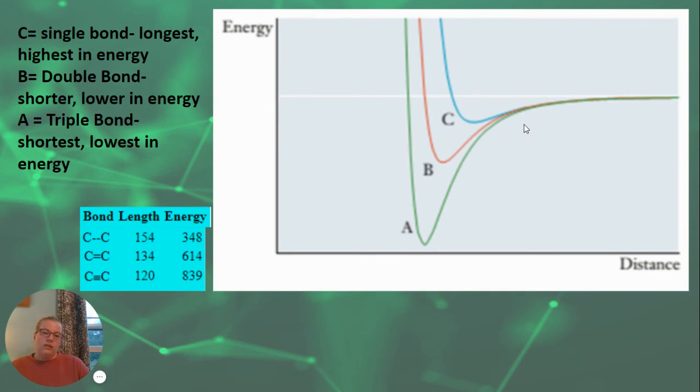So if I look at these 3 curves or 3 lines on the graph here, C has the smallest energy change.